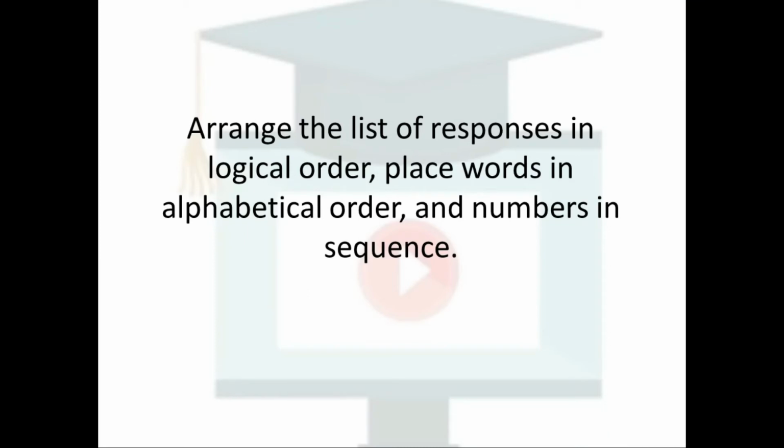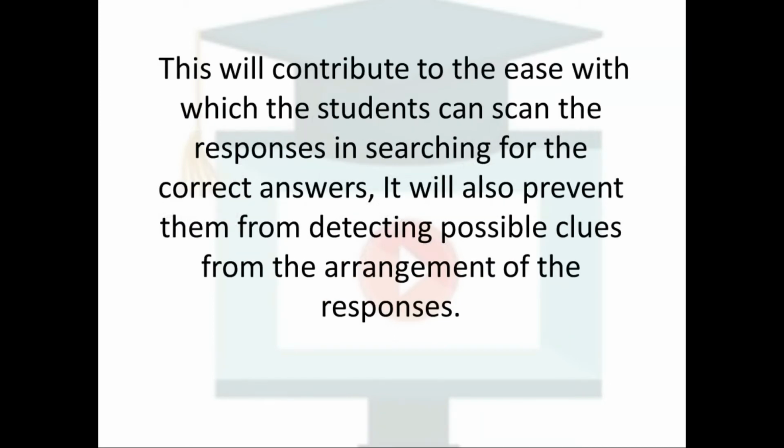Place words in alphabetical order and numbers in sequence. This will contribute to the ease with which the students can scan the responses in searching for the correct answers. It will also prevent them from detecting possible clues from the arrangement of the responses.